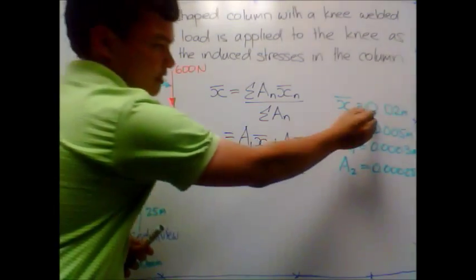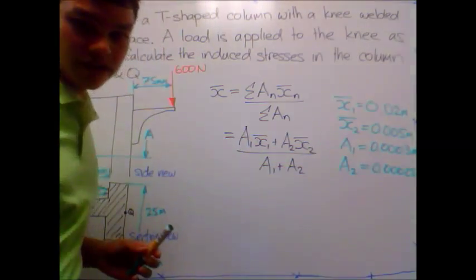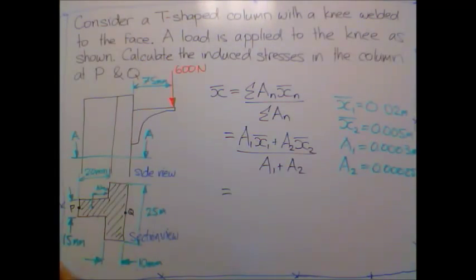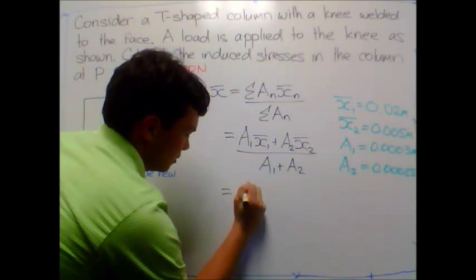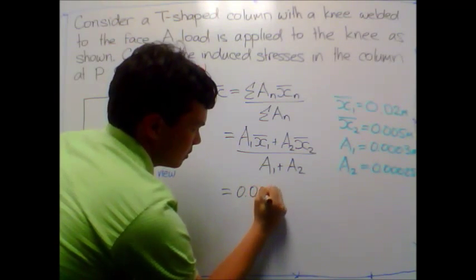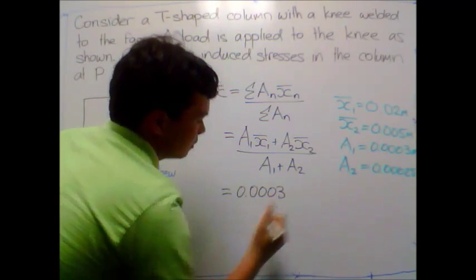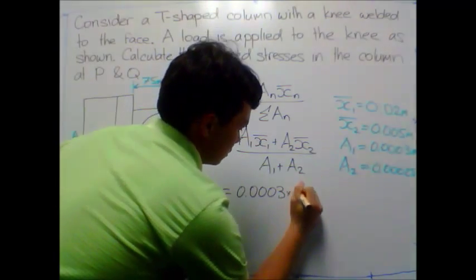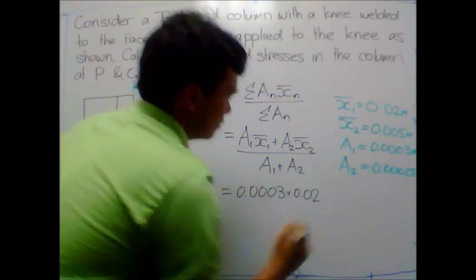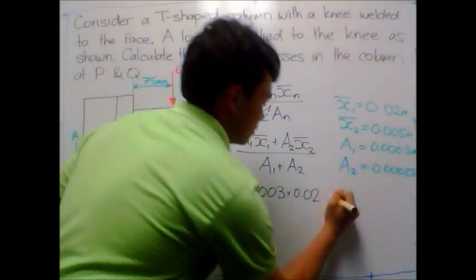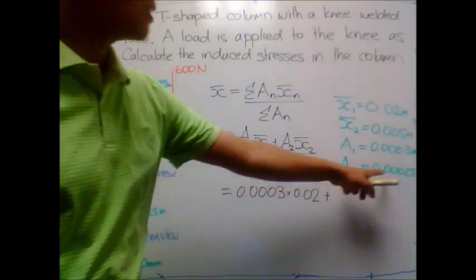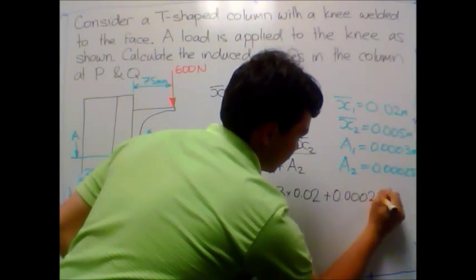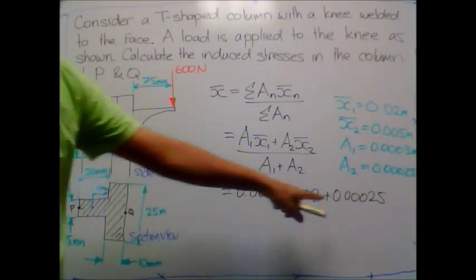I can take each of these values that I've determined from that diagram to determine my centroid. So A1 is 0.0003, X1 is equal to 0.02, plus A2. A2 is 0.00025, in meters squared.